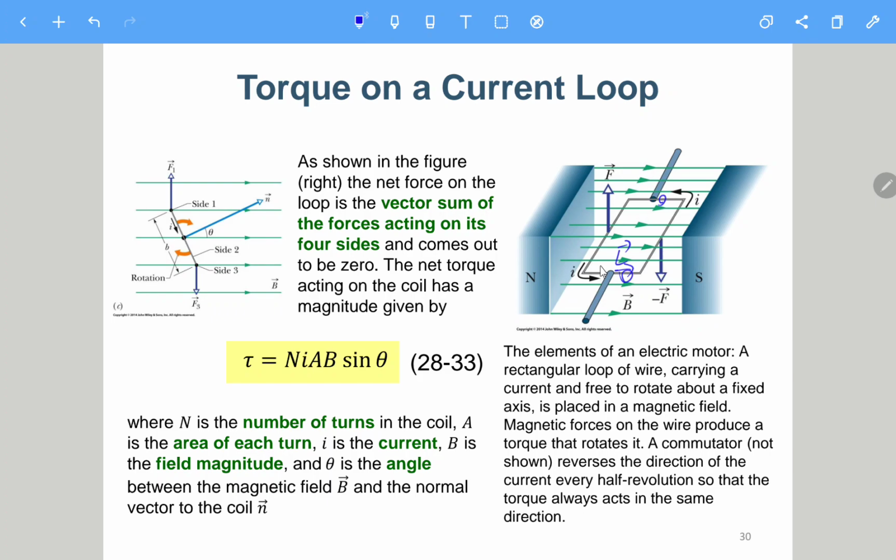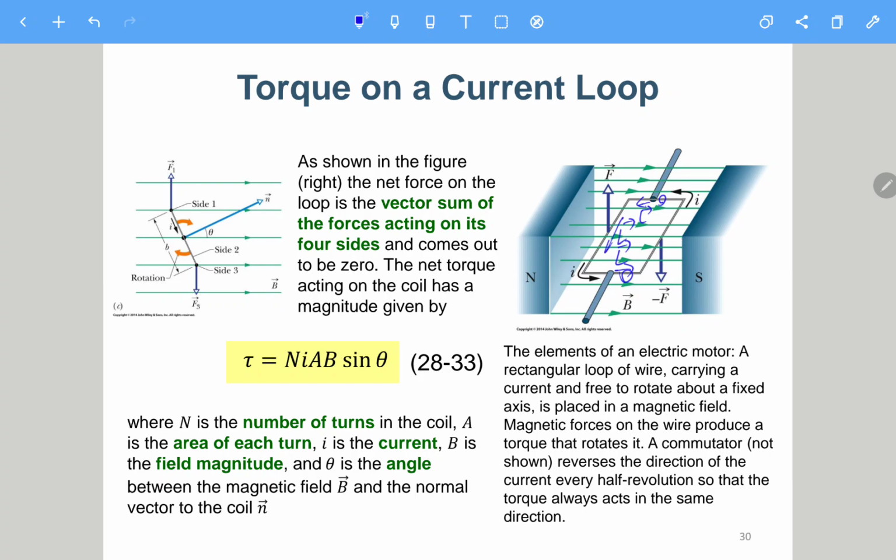Similarly, for this one, B and L point in opposite directions, so L cross B will be 0 either. So there will be no force acting on this side and this side.